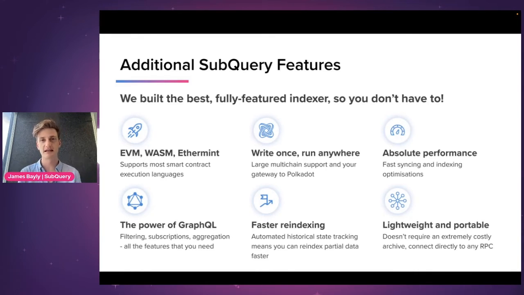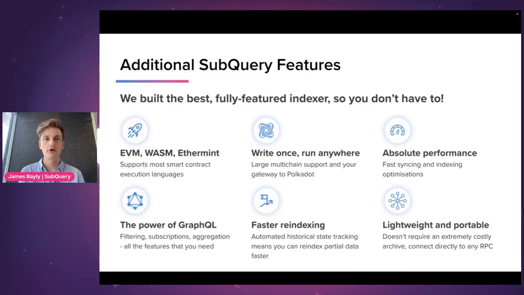Other indexing solutions require extremely expensive, costly, hard to manage archives that have the entire database or data set in them. SubQuery is designed to be atomic, lightweight, portable. It can connect to any RPC infrastructure, whether it's one from OnFinality or your own node or Infura or any of the other providers on Moonbeam and any other networks.